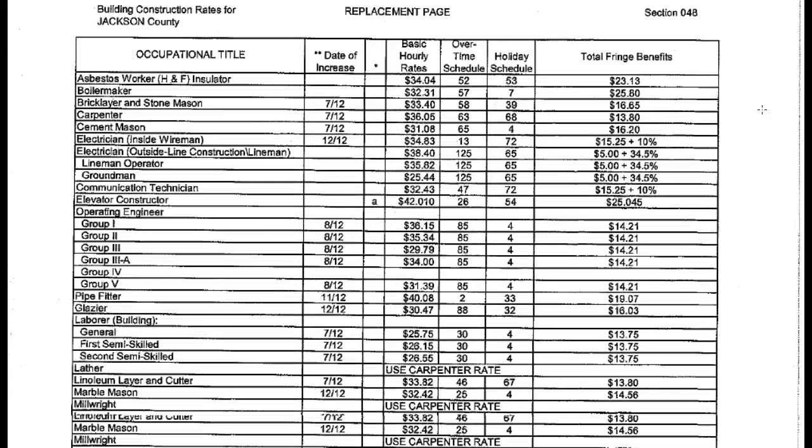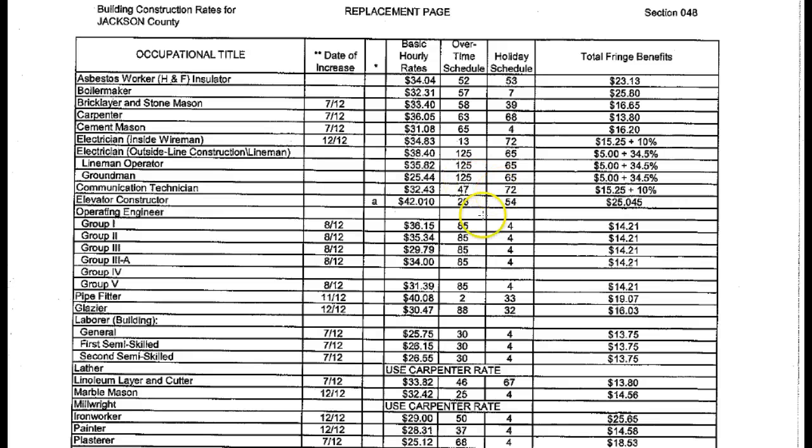You're going to find that for each of the different types of occupation titles, the job titles, classes we were talking about, again, kind of a summary of the kind of wage areas that we're talking about, but also something that's called overtime schedules, holiday schedules. And what these are is they specify what different classes of overtime mean and when holidays are.